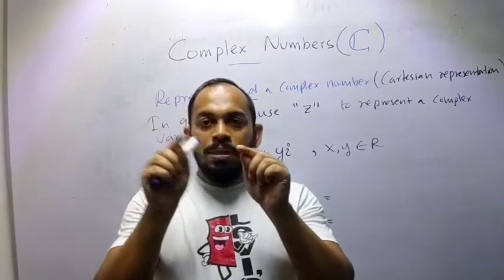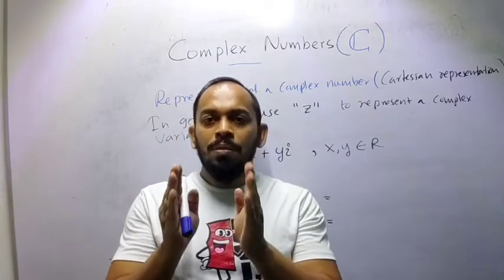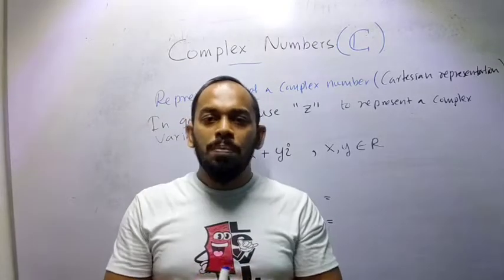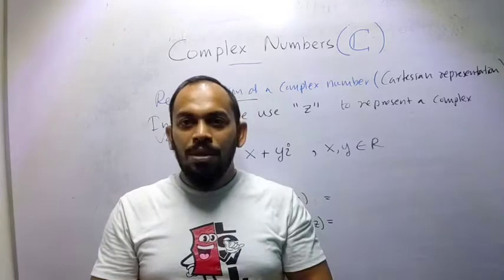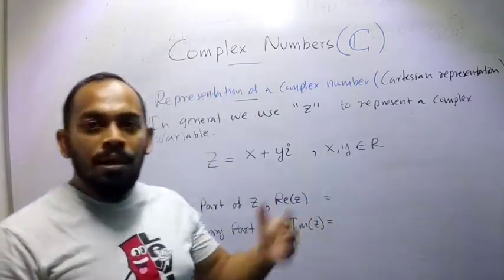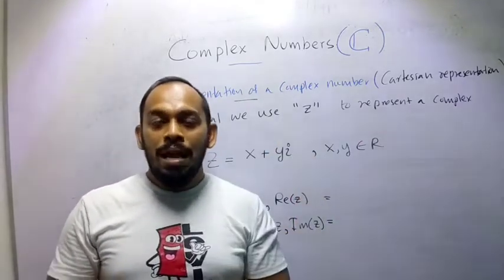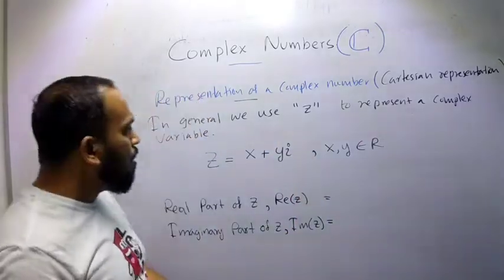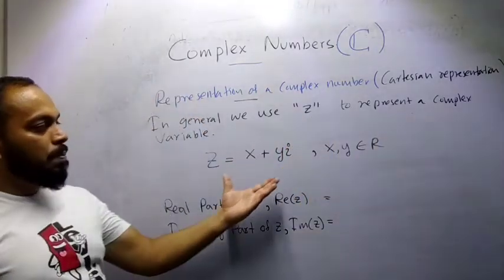Under complex numbers we use the symbol z to represent a complex variable. That means to represent complex numbers. Variables can take any values, so a complex variable can take complex numbers, right? So in general we use z to represent a complex number, and this is how you represent it.